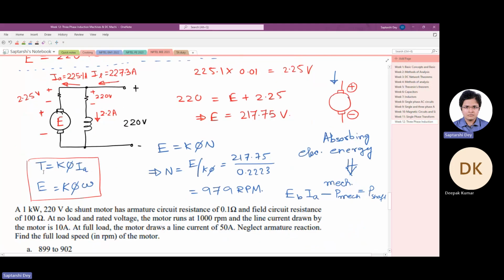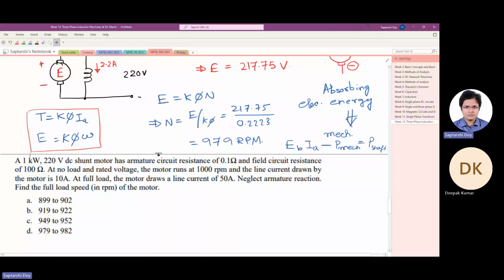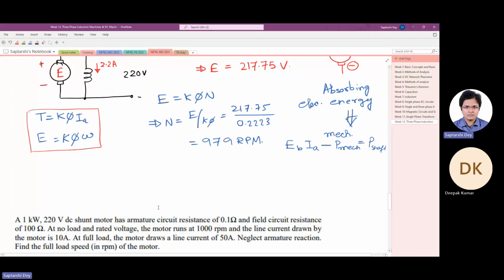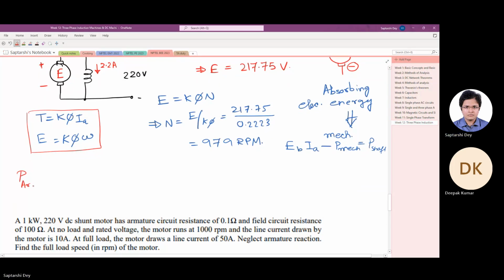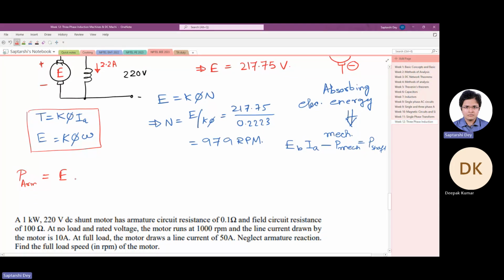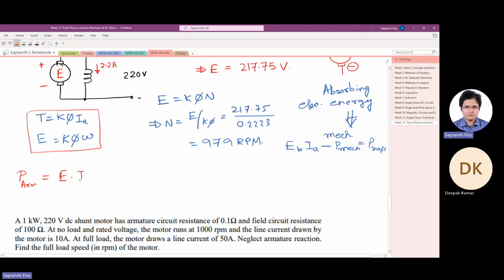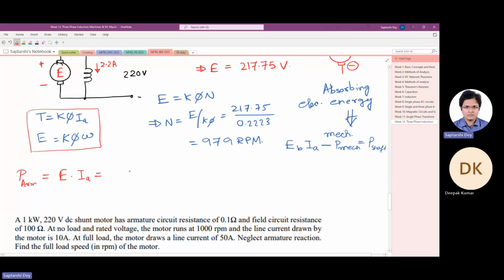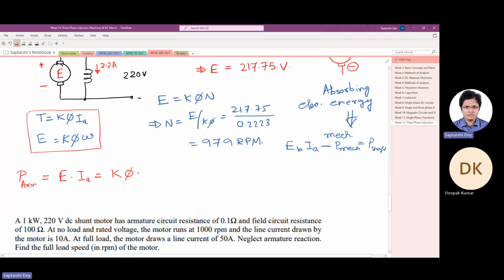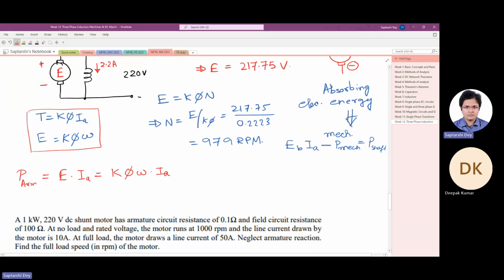Can you prove that this k phi in the torque equation and the k phi in the back EMF equation are the same? See what I told you, the power absorbed by the armature is back EMF times armature current. So if E is k phi omega, then k phi omega times Ia, this much power is absorbed.